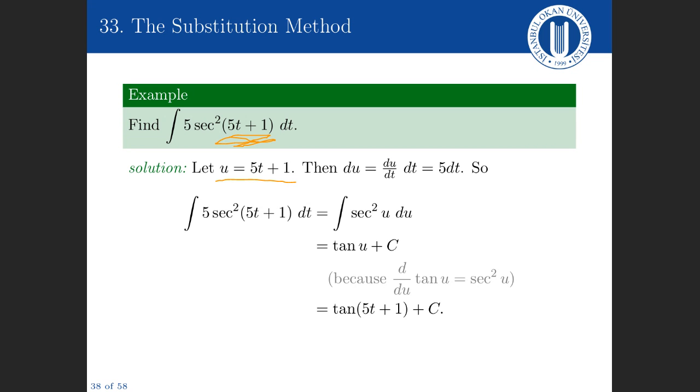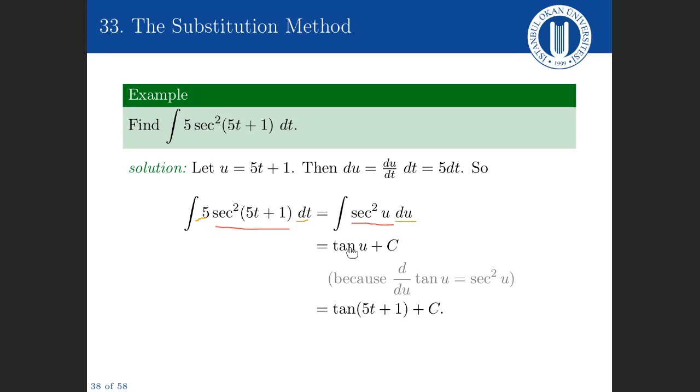And then I can calculate du is equal to 5 dt. I'm ready to do my substitution. 5 dt is the same as du. Sec squared (5t plus 1) is then the same as sec squared u. We've changed our difficult integral into an easier one.